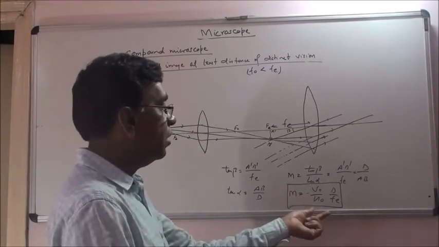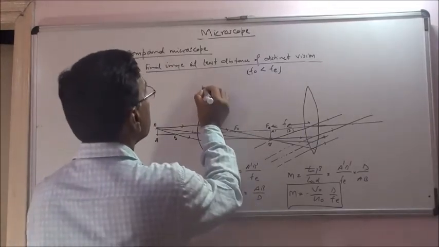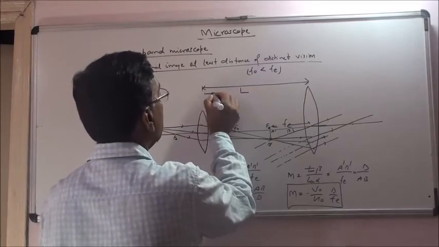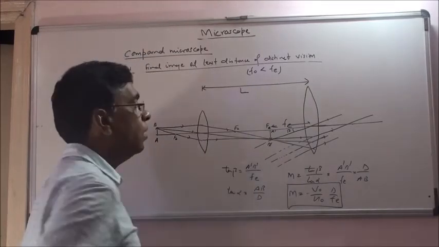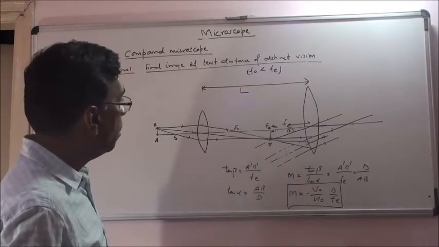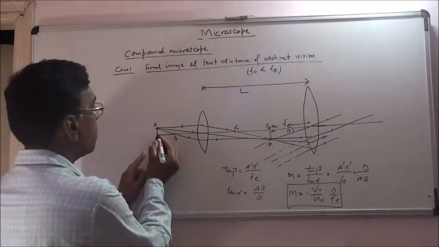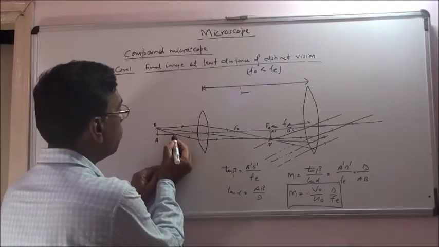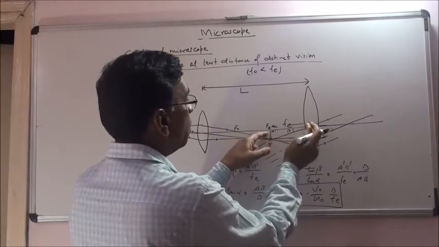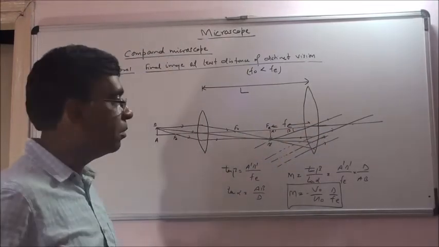Sometimes this expression is written in terms of tube length. Tube length means the distance between the two lenses. If I use a letter L for tube length, then see, for maximum magnification, we always try to keep AB very close to FO. And also this image is very close to this, so that we have maximum magnification.